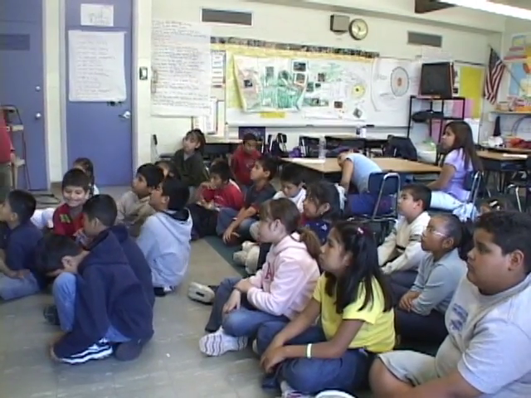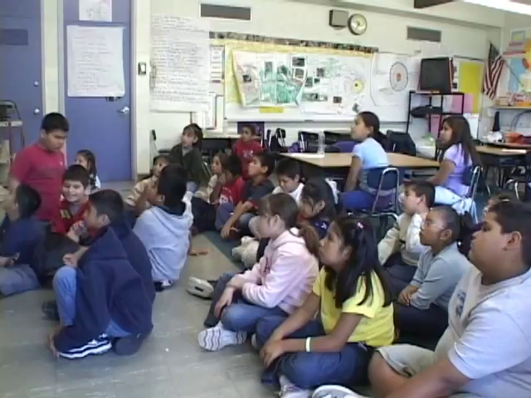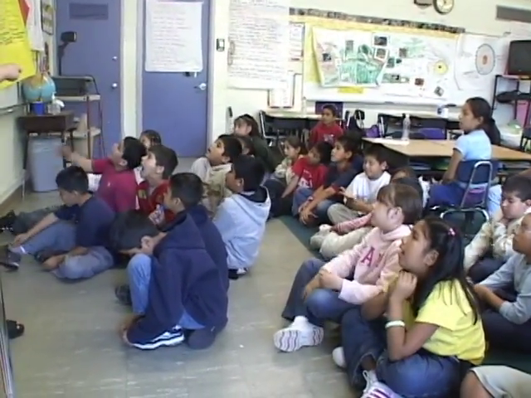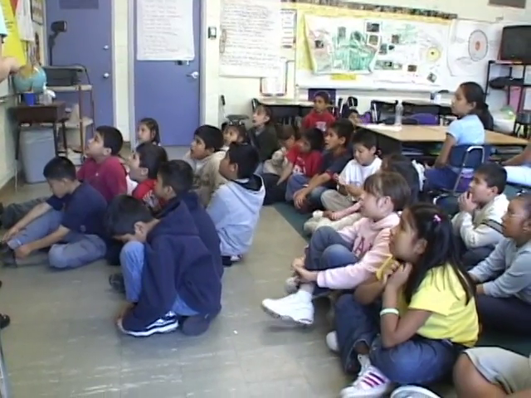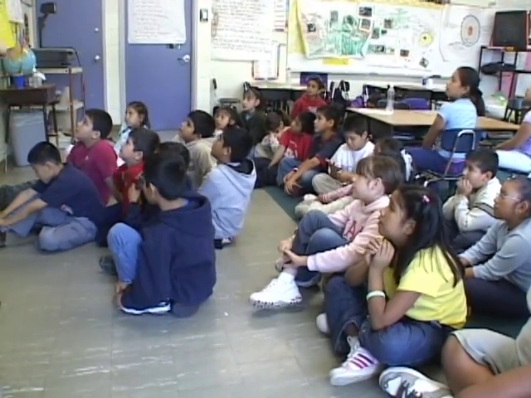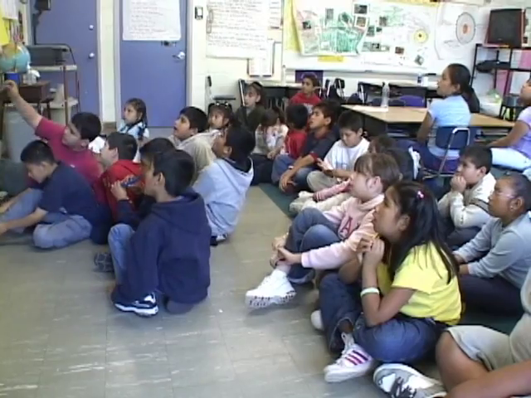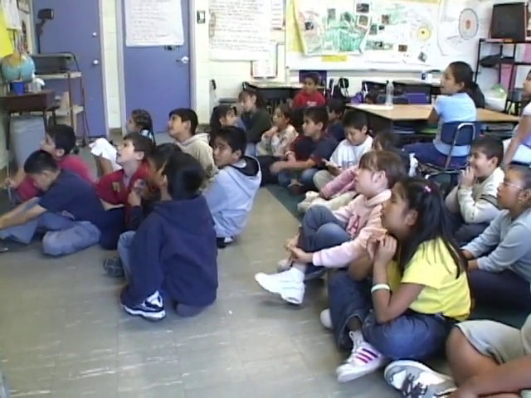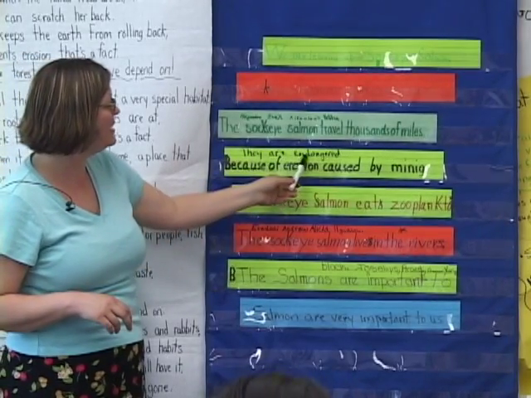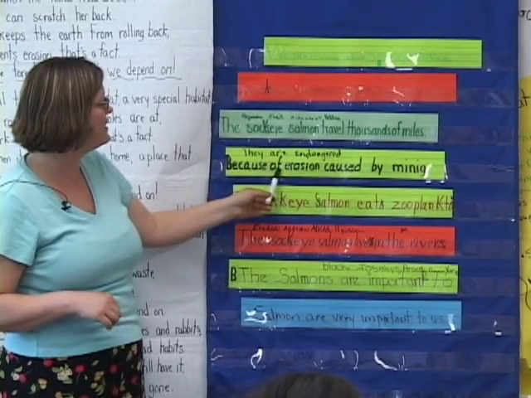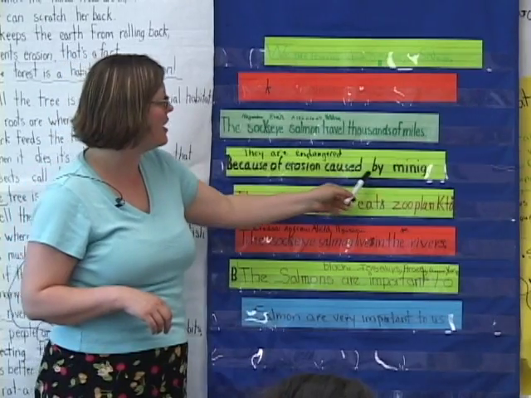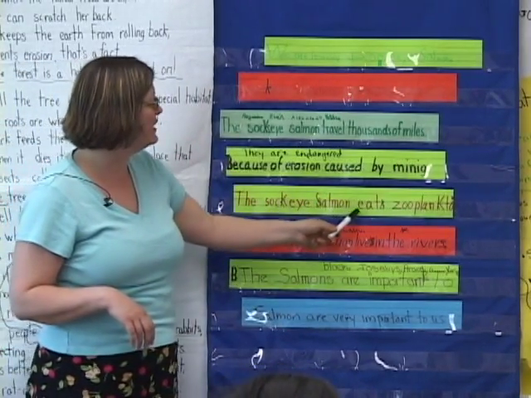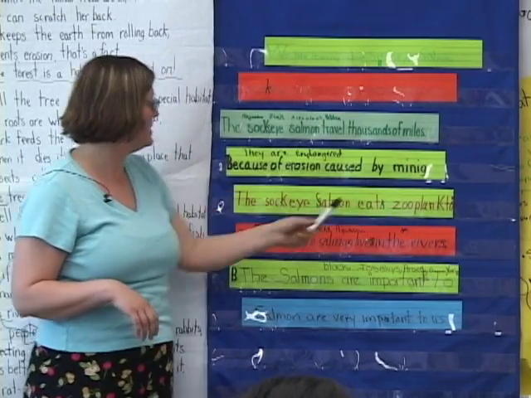Okay, so let's read together. Ready? We are learning about sockeye salmon. Sockeye salmon are bony fish. The sockeye salmon travels thousands of miles. They are endangered because of erosion caused by mining. The sockeye salmon eat zooplankton.